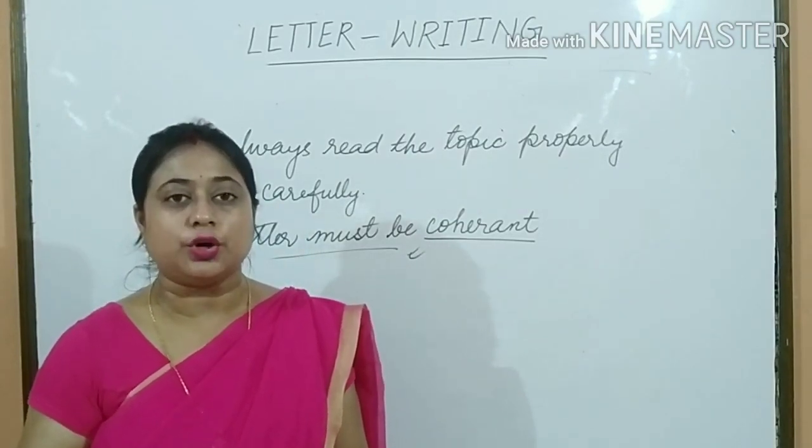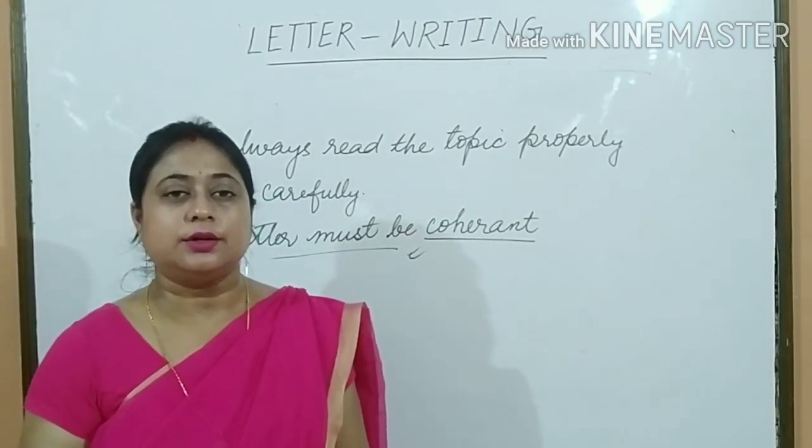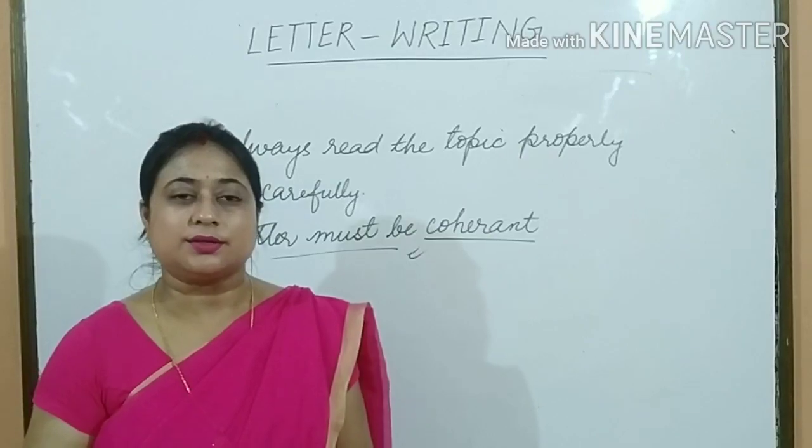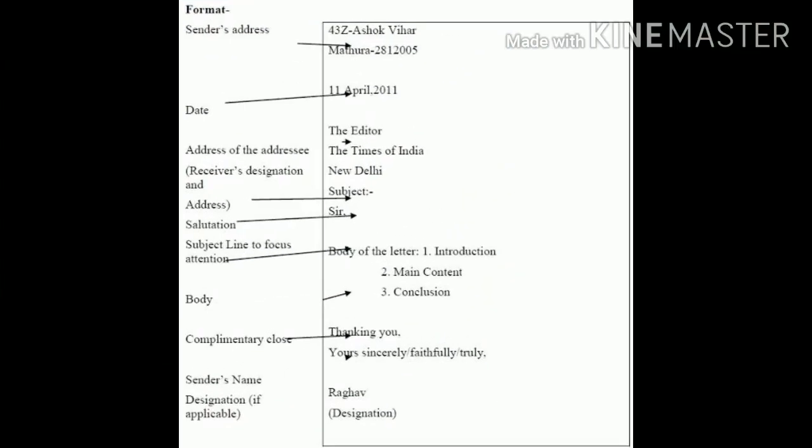Okay, so I will show you that letter through an example. Let's see it further in a video. Here in this example, we see that we have mentioned the sender's address on the left hand margin. After that, we leave a space and mention the date.